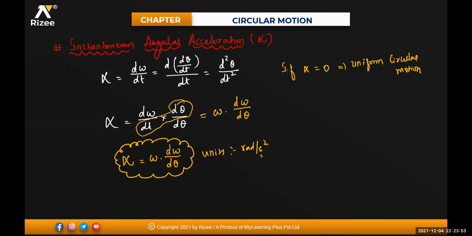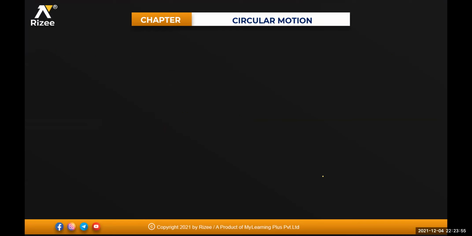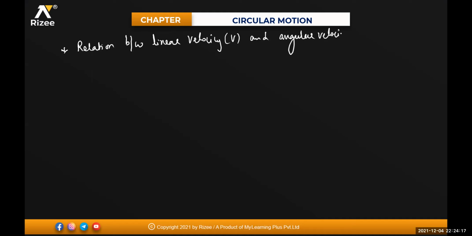Can you tell me the relation between the linear velocity and angular velocity, beta? Not giving the derivation here. Very important. The relation between linear velocity v and angular velocity omega.